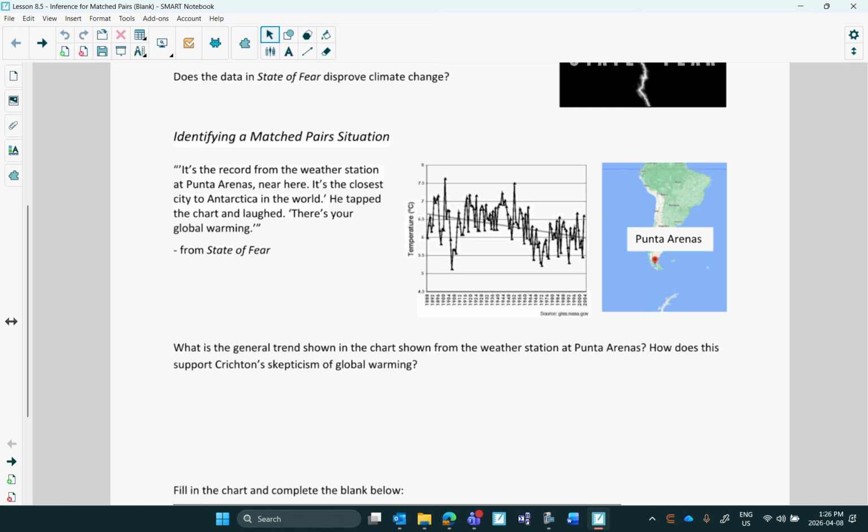Anyway, from here to here, what's happening to the global temperature? It's decreasing a little bit, right? This is where Punta Arenas is located, the tip of South America. Is it cold there?